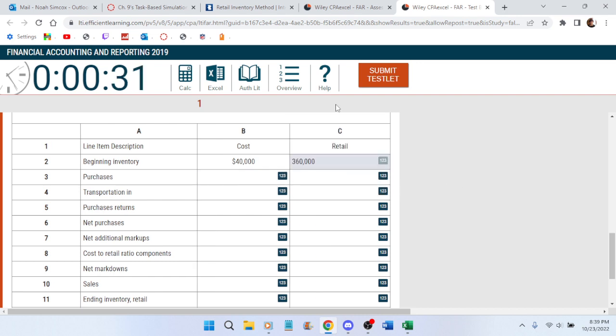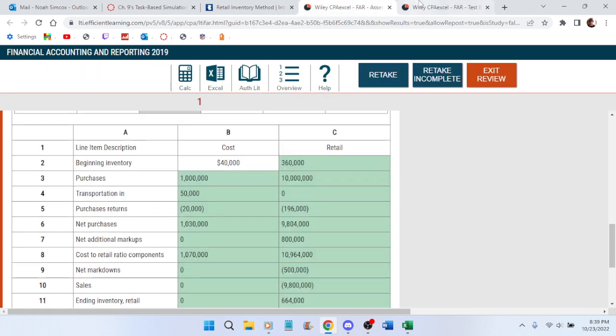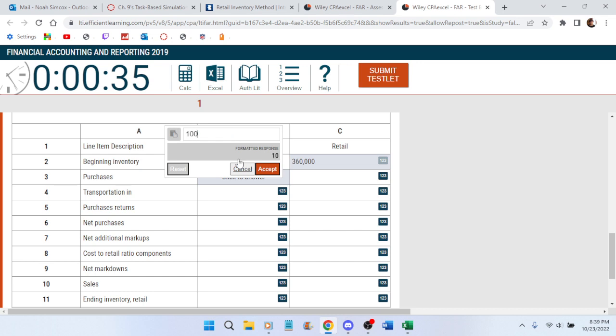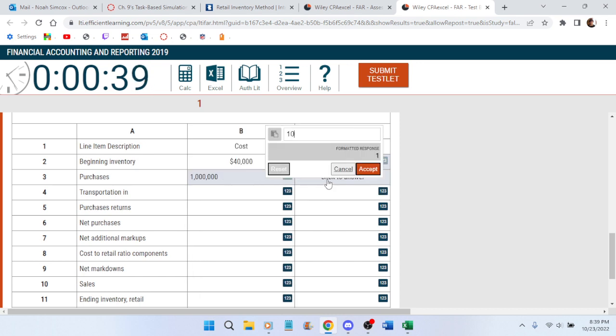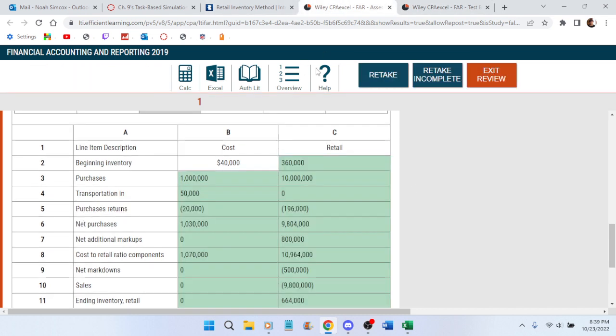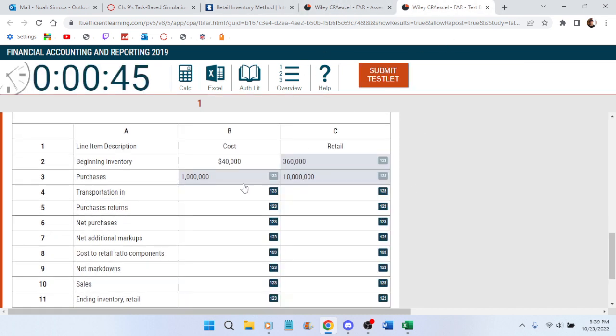So I got 1 million, 10 million. That'd be funny if I missed that. I'll double check before I submit. Transportation in, 50,000 and 0.